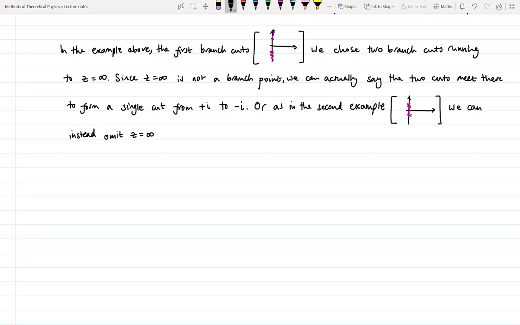We've already encountered an example where the point at infinity is a branch point of the function.